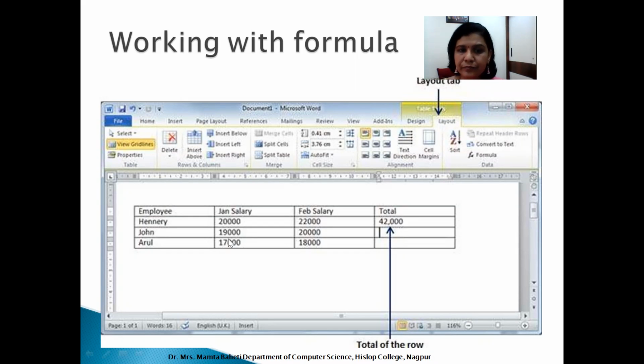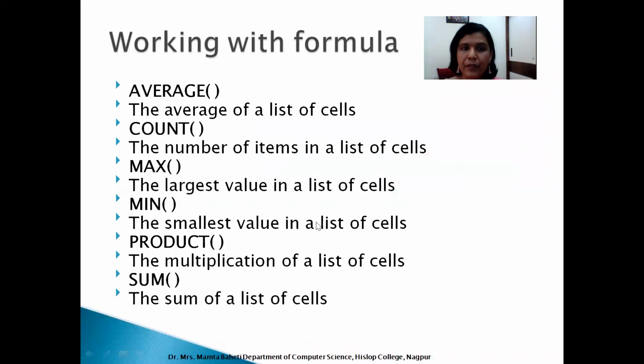You will find we have done the total over here, equal to SUM(LEFT). What it indicates is the total of these two columns. This is one example of SUM. Similarly, you can do SUM left, right, above, below in one line. If you want to do it range-wise, the options are available.